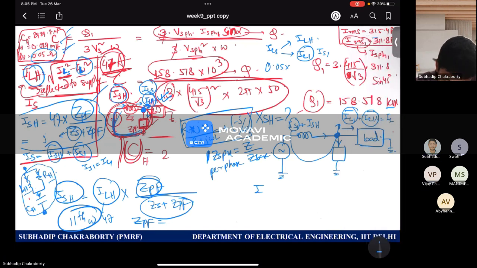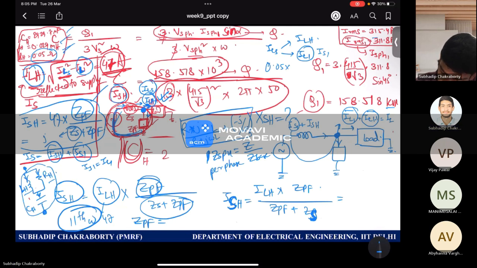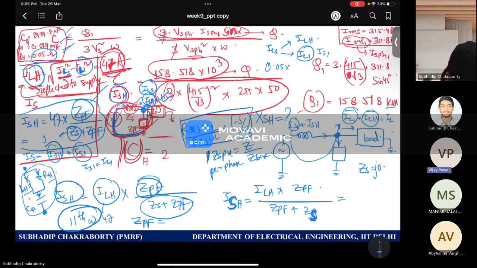And this is ISH I can tell. Then I am getting ZS as j0.038. Correct? Yes, 0.038.